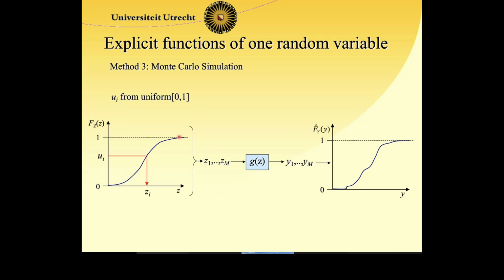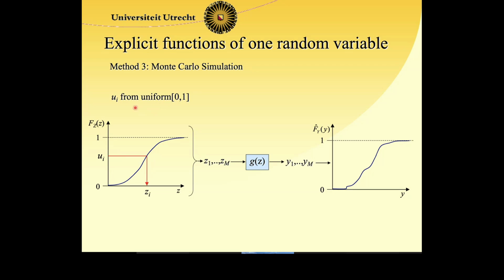If this is the known probability density function of z, or actually the cumulative probability distribution function, which is the integral of the probability density function, we use that preferably, and we basically generate a couple of thousand random numbers between 0 and 1, from a uniform distribution.